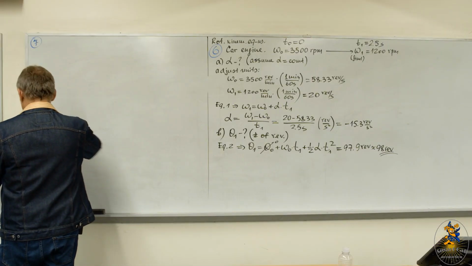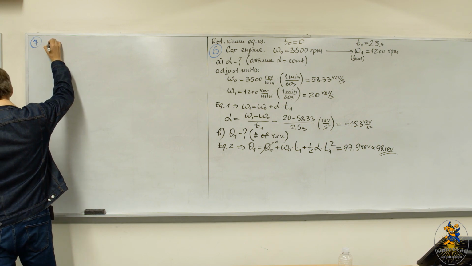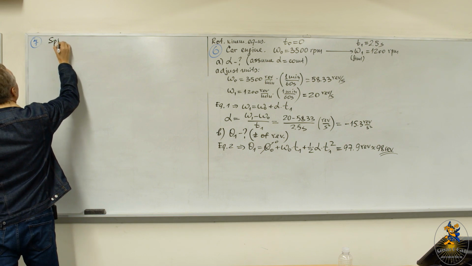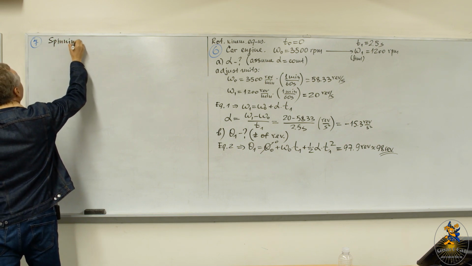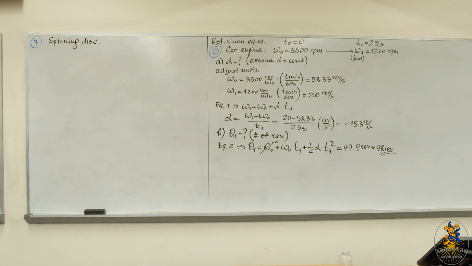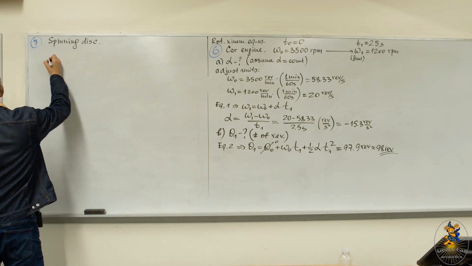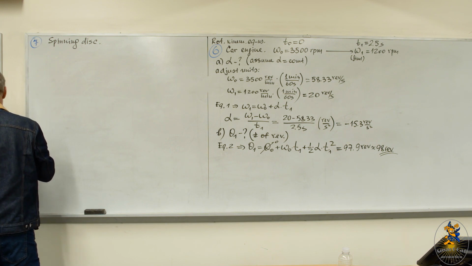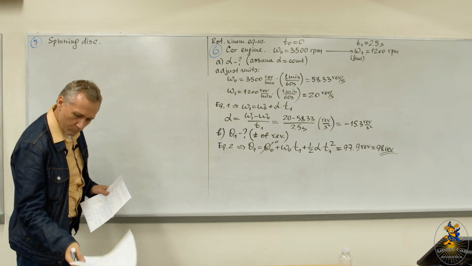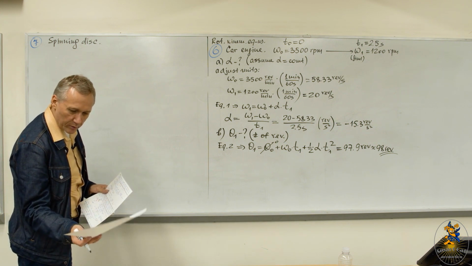So number 7, and this is the spinning wheel. Okay, spinning disc, whatever. I will use C, not K. Skip this. There is another problem, but you can look at that by yourself.